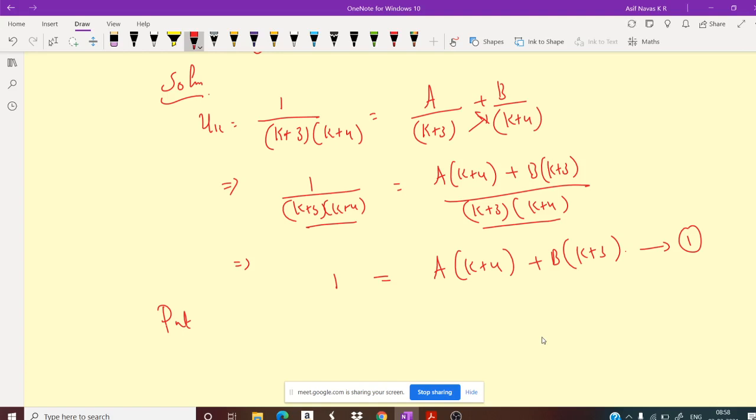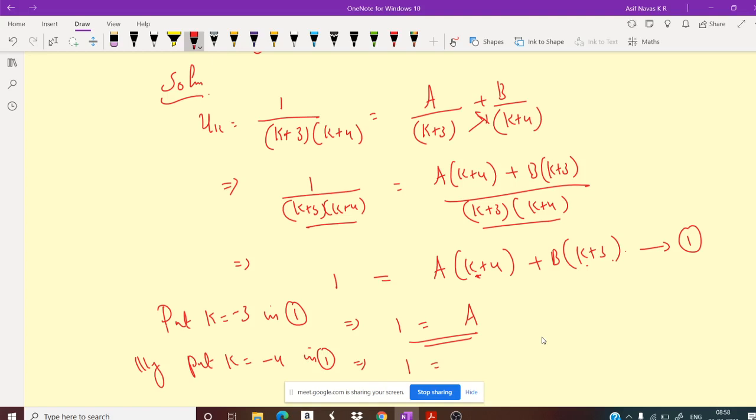So put k equal to minus 3 in equation number 1. We get 1 equal to a, since k is minus 3, minus 3 plus 4 is 1, and minus 3 plus 3 is 0. Similarly, put k equal to minus 4 in equation number 1.